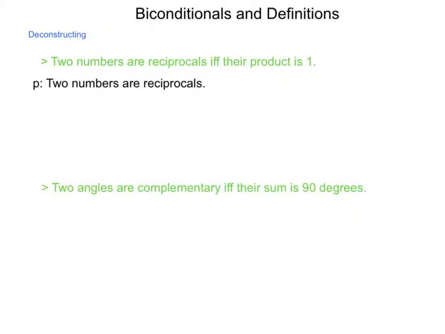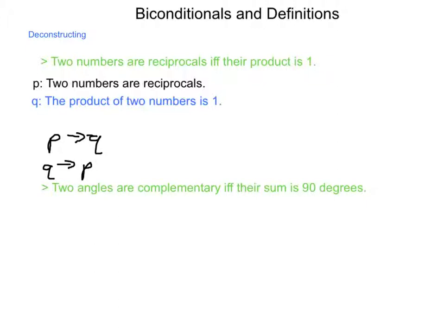The first part of the statement, our hypothesis, is two numbers are reciprocals. That's the first part of our biconditional. The conclusion is that the product of the two numbers is 1. And it is the case that if two numbers are reciprocals, then their product is 1. And also it is true that if the product of two numbers is 1, then the numbers are reciprocals.